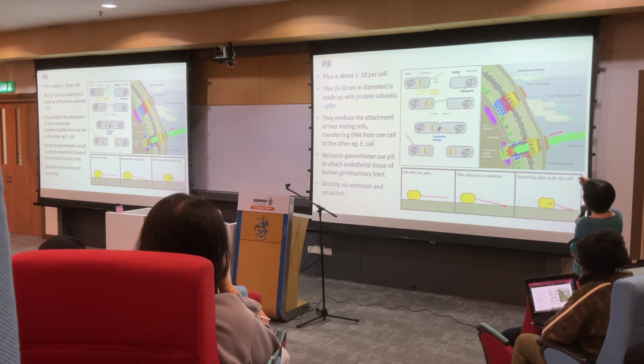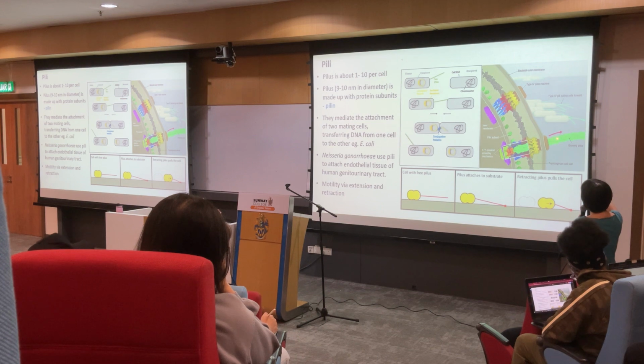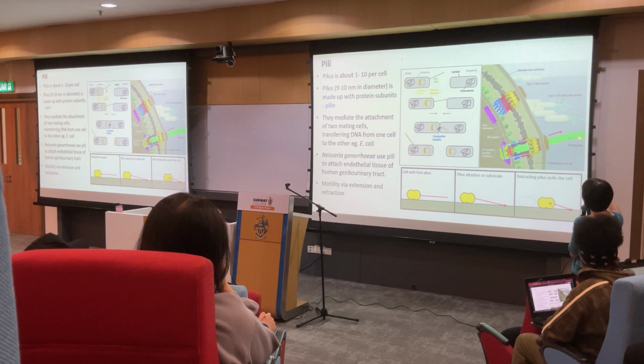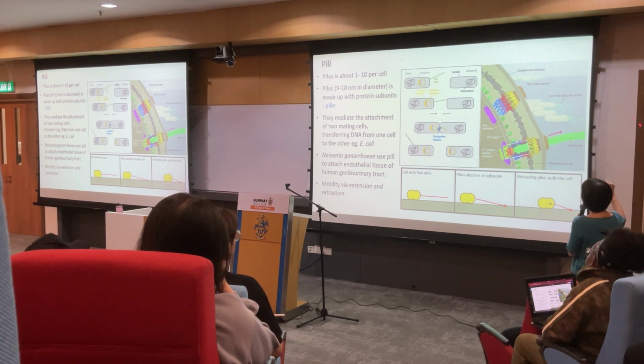Each of these pilin subunits that make up the pilus comes here. They are expressed, transported to this machine and assembled through it into a very long polymer. This is how they keep extending the pili, and how the bacteria can attach to the surface.